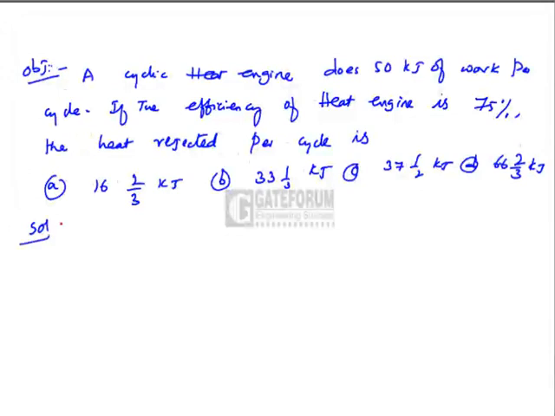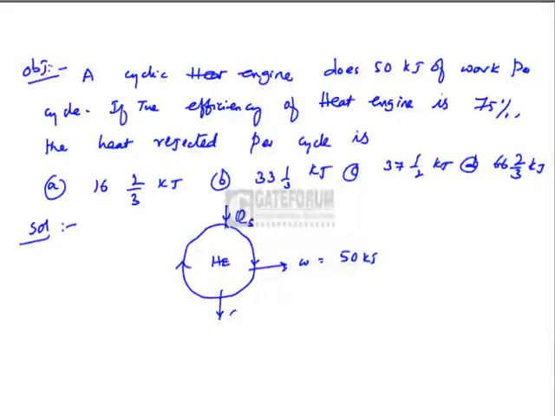The solution to this problem could be given as follows. Let us represent the problem pictorially. A cyclic heat engine is producing a work output of 50 kilojoules, where Qs is the heat supplied and Qr is the heat rejected.